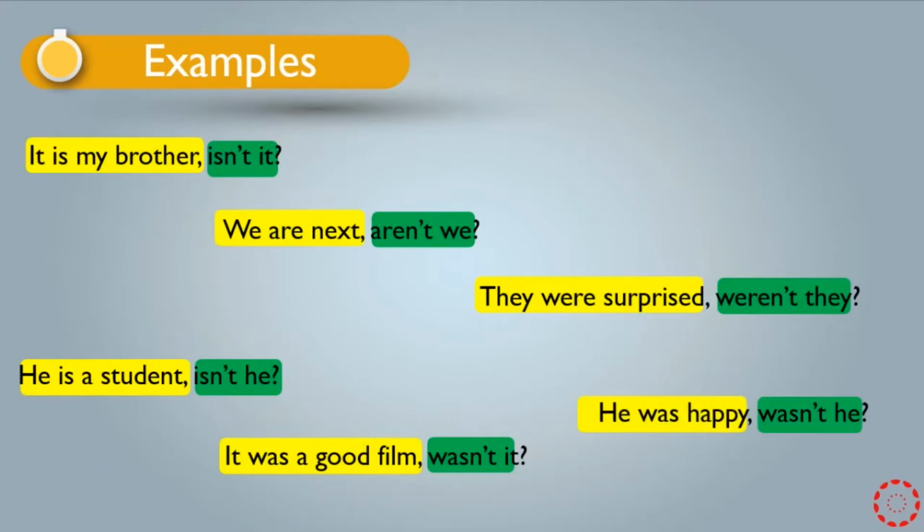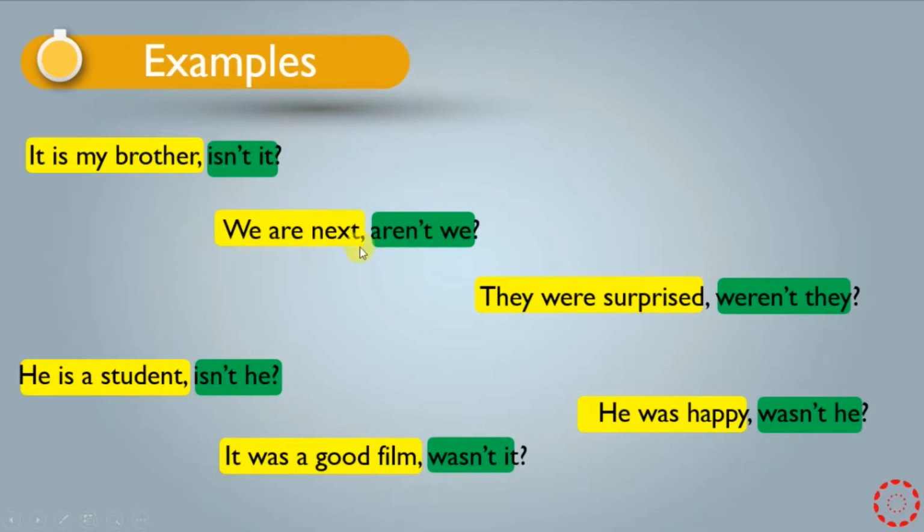First of all, I'm going to tell you that, also I'm going to show you in the next slide why they are negative. As I said, are is going to be what? Aren't. And simply, if our statement is positive, as you see, we are next, aren't we? In all of these sentences, if our statement is positive, the question tag will become negative.